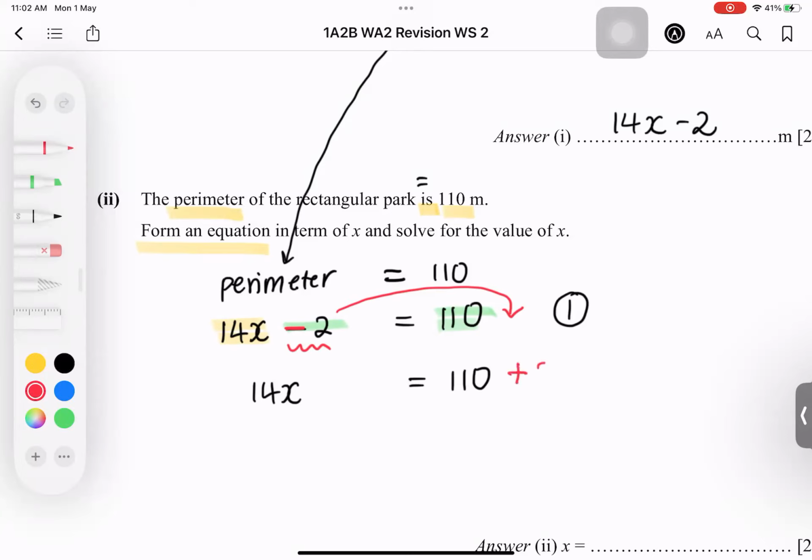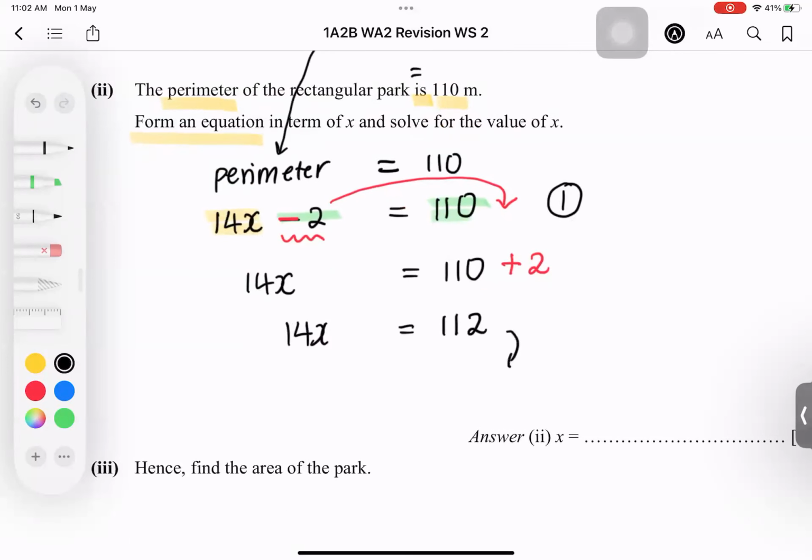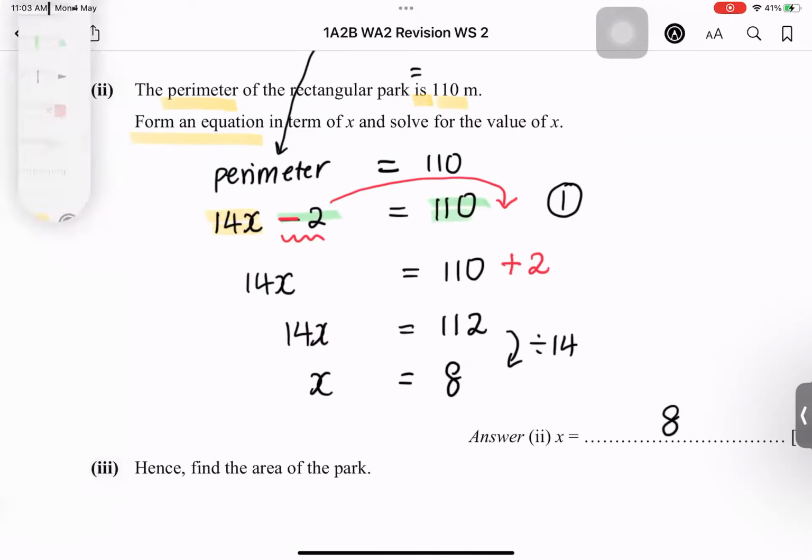Very good, +2. So in this case, we get 14x equals 112. Next step, how do we get x only? Don't want the 14. Divide by 14. Very good. 112 divided by 14, answer is 8. So I've solved for the value of x, 8.